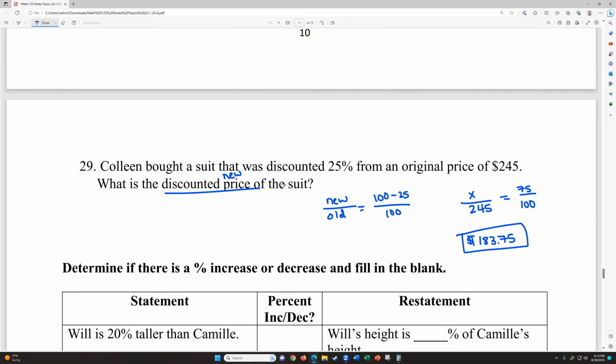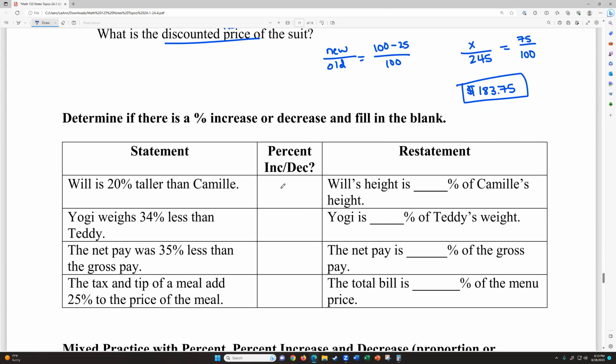Okay, just some phrasing to be aware of. When we read certain sentences and we're making a comparison based on a percentage, those are percent increases or percent decreases. And we can write those using the 100 plus or the 100 minus percentage, just depending on if we're going up or down.